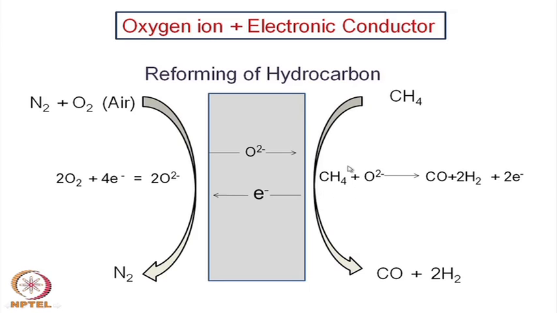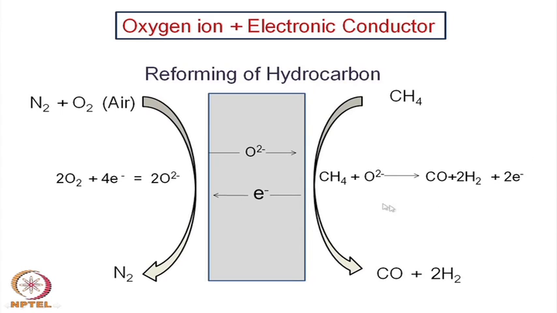CH4 will be reacting with the oxygen ion which is coming from the other side, forming carbon monoxide and hydrogen. It is basically an oxidation of CH4, forming CO plus H2 and releasing 2 electrons.